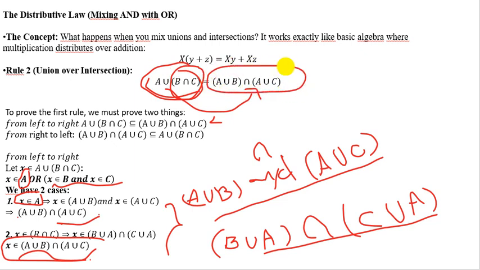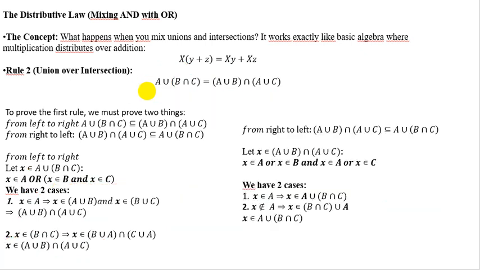Now let's see from the right to the left. We try to prove this from here to here. Let's see if this is true. So from right to left, let X belong to this. What does this mean?